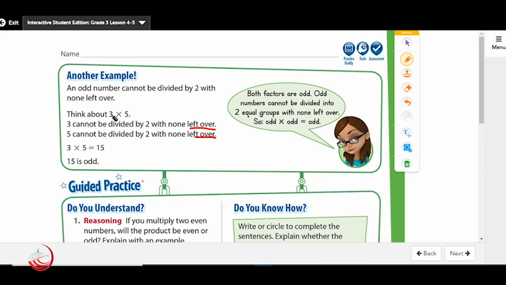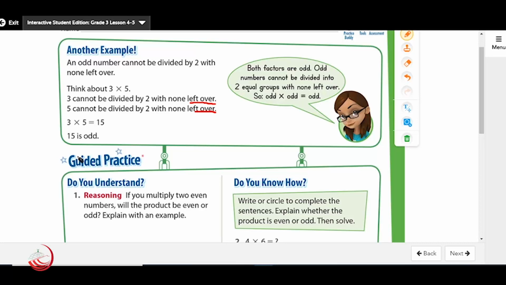So here 3 is not a multiple of 2. 5 is not a multiple of 2. If I multiply them by each other, I will get an odd number. So 15 is odd. Both factors are odd. Odd numbers cannot be divided into 2 equal groups. So odd times odd will give me odd.